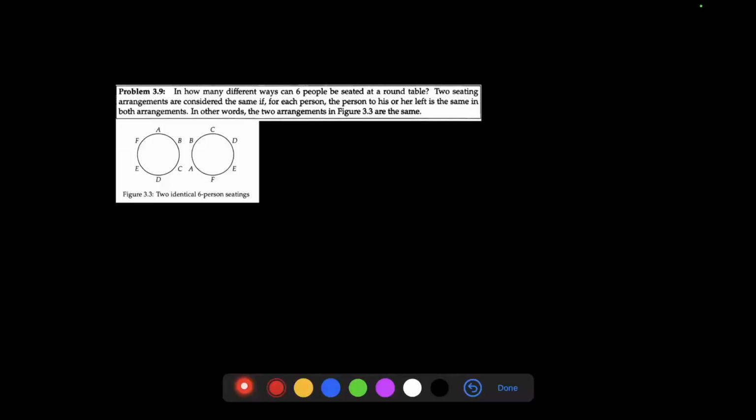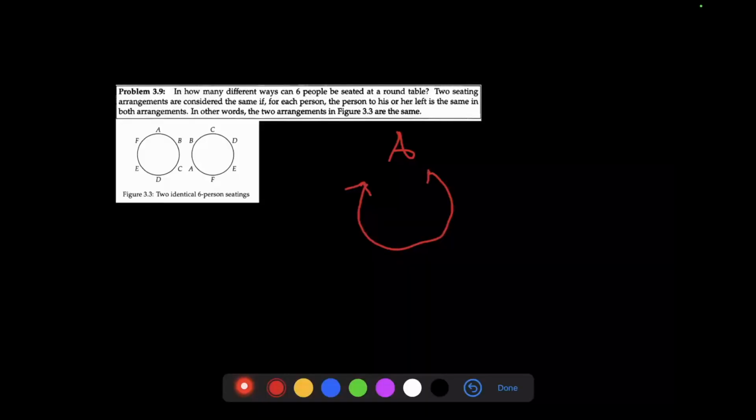So let's just say A is the topmost one. And now there are 5 people to arrange. So that's just 5 factorial, which is 120. Basically what we did is we found that it had a rotational symmetry, and we fixed something to get rid of that symmetry. Now everything else is distinct, and we counted that.